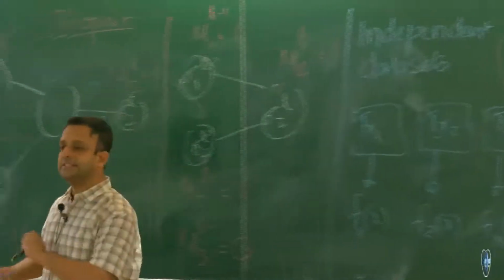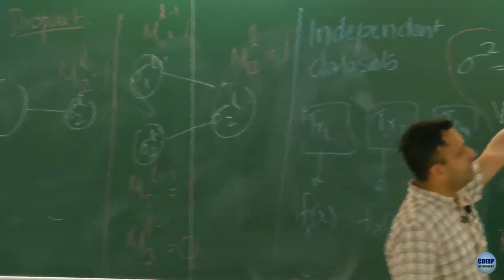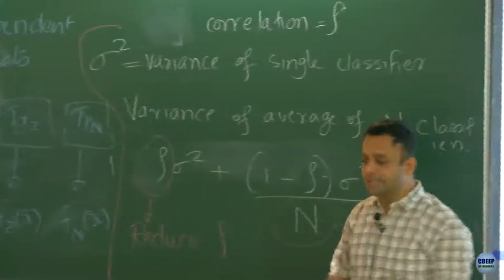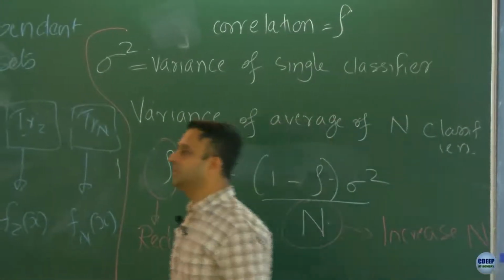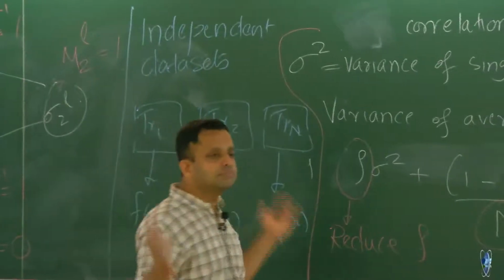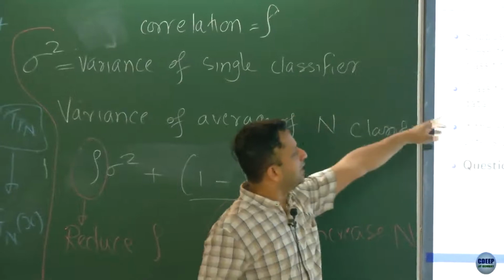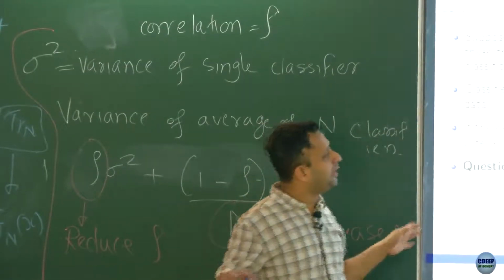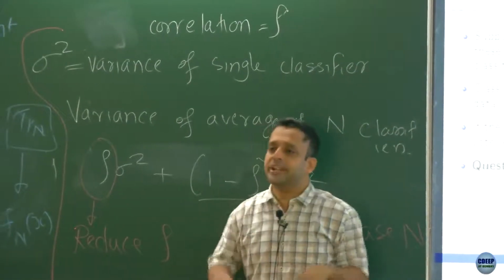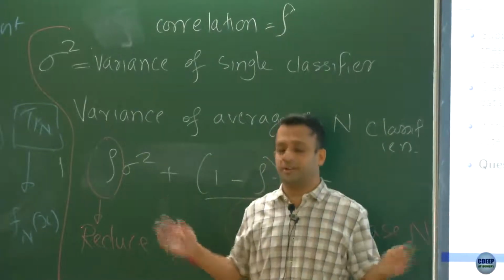Now because these data sets are independent, I would again expect that the correlation rho between the models learned from these independent data sets would be low. Ideally, they are not correlated at all. So classifiers trained in this way are guaranteed to make independent errors on test data, because if the data sets are ideally independent, then they are guaranteed to be not correlated.